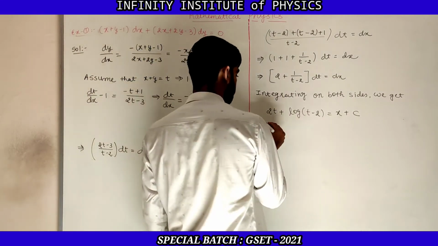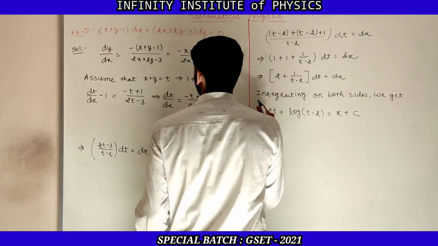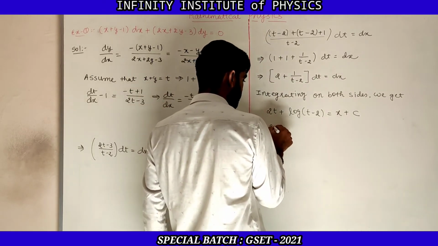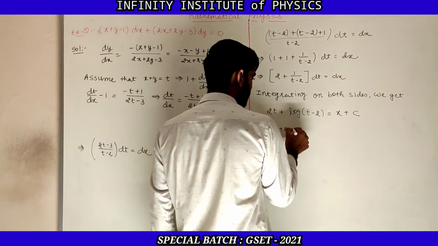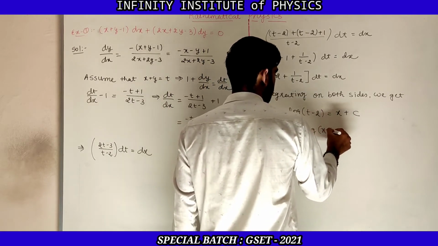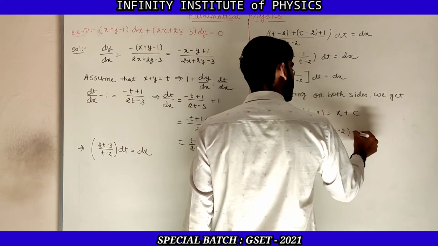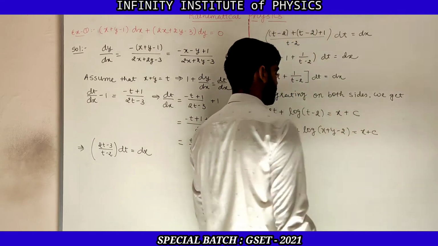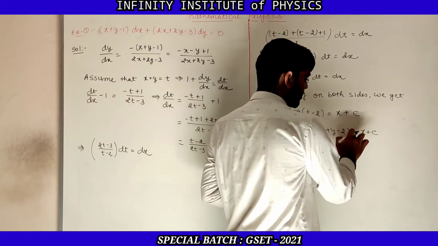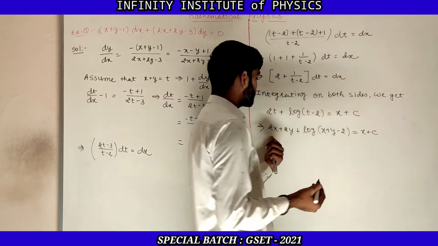And now let us put t equal to x plus y, then it is 2x plus 2y plus log of x plus y minus 2, which is equal to x plus c. Now let us take this x on the left hand side, because on the left hand side you can see that there is 2x.